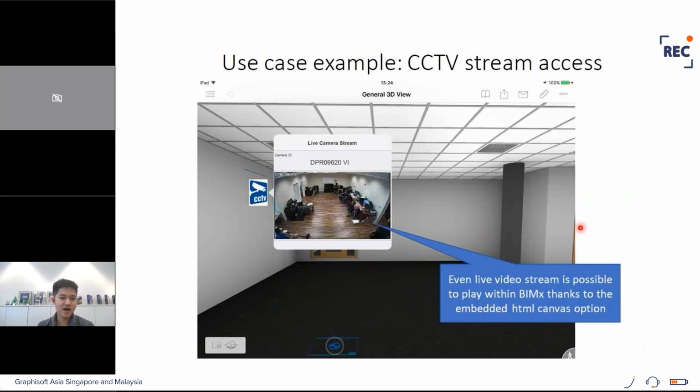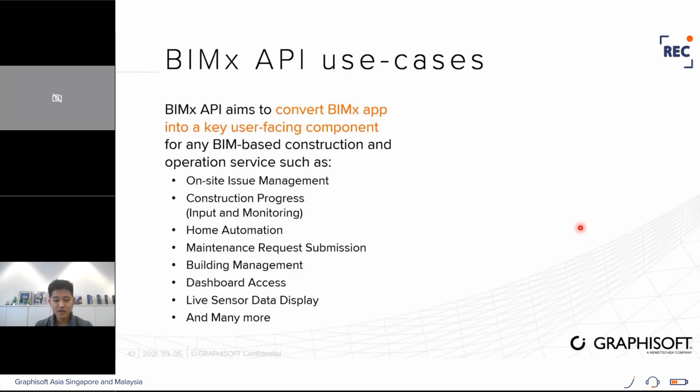Also, since we have the capability to embed an HTML canvas into the BIMx app using the API, you can also have a live camera stream embedded into your BIMx app, thanks to the HTML capabilities. Those are just other use cases.